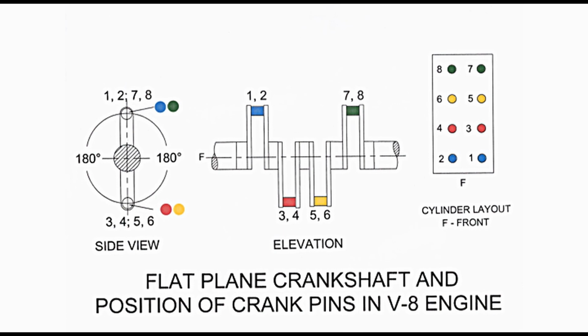If pistons in cylinders 1, 2, 7 and 8 move downwards, then pistons in cylinders 3, 4, 5 and 6 will move upwards. The flat plane crankshaft is also said to have 12, 6, 6, 12 o'clock crank pin locations, as can be realized from the side view.